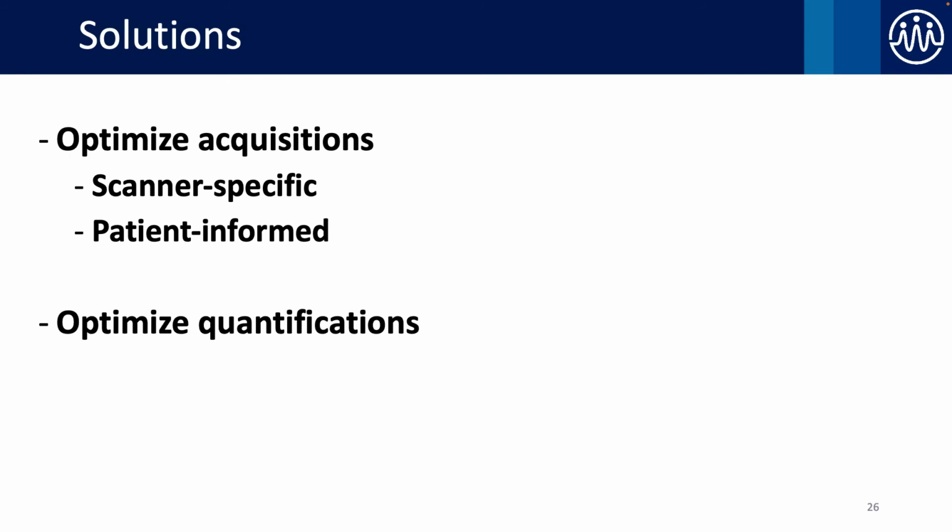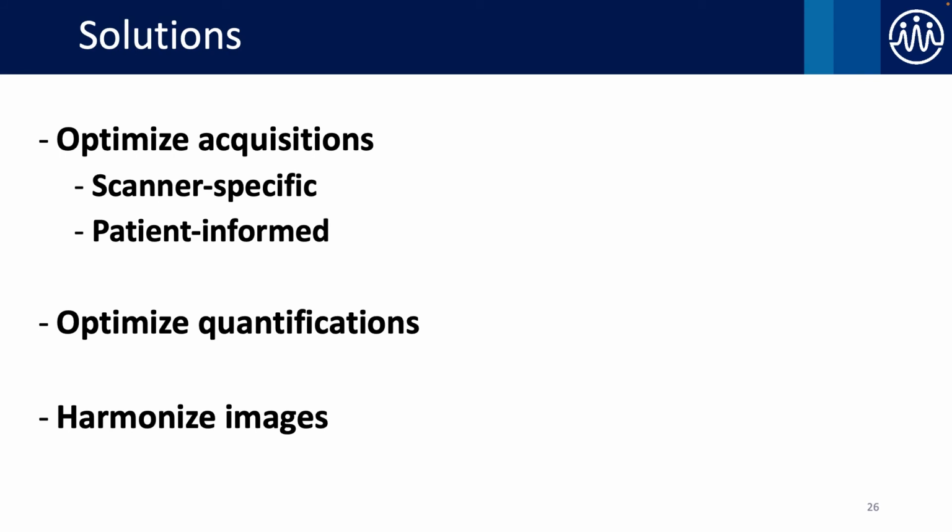Second is that we also need to optimize our quantifications. If the way that we're doing these quantifications is affected by the quality of the image, let's say the noise or the spatial resolution or the artifact, let's try to minimize that effect. And also let's harmonize them.